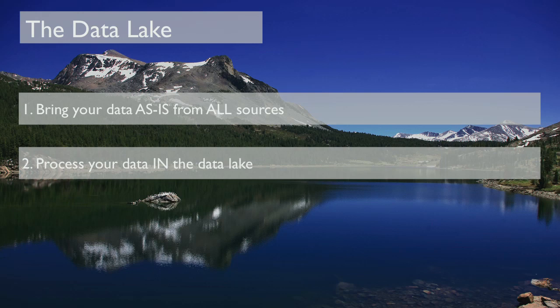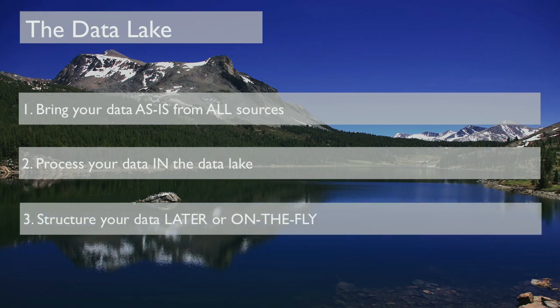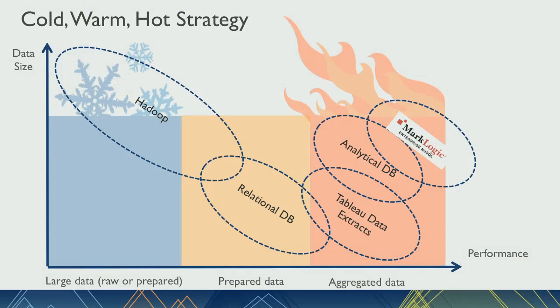And the second part is we're going to process the data within the data lake. Instead of going through ETL into a warehouse, everything stays inside. And the third attribute of a data lake is we are going to structure the data later or on the fly. So everything is just going to come in, be stored, and sit there for now. That usually refers to our cold data, which we often see as Hadoop.